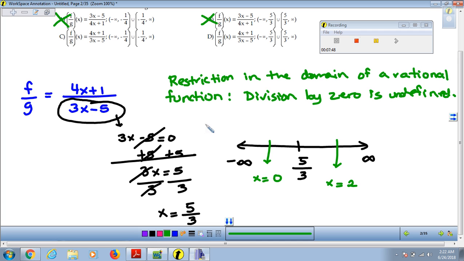So in other words, I don't want to substitute a number into this x on top and into this x at the bottom and get a 0 on the denominator. That is the issue. Division by 0 is undefined. So I don't want 0 on the denominator. So no 0 on denominator. That's what I do not want. I can have a 0 on the numerator, and that's okay, but not on the denominator.